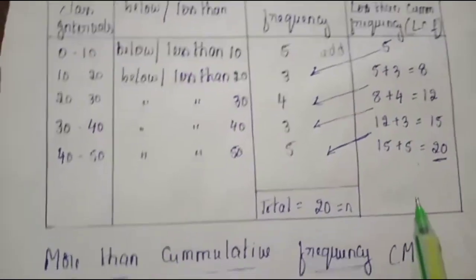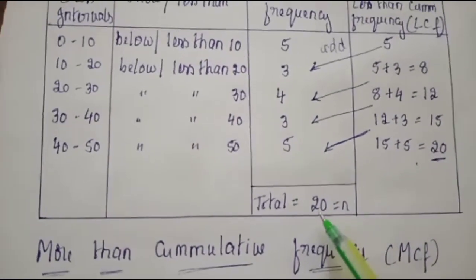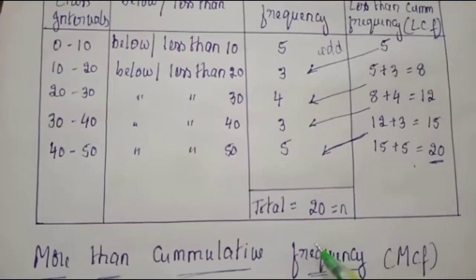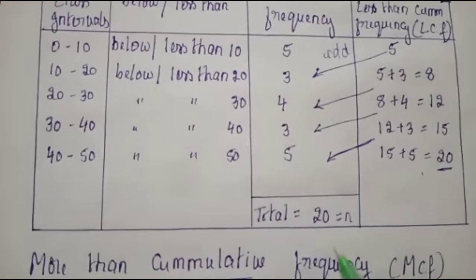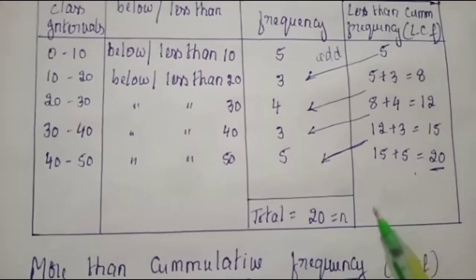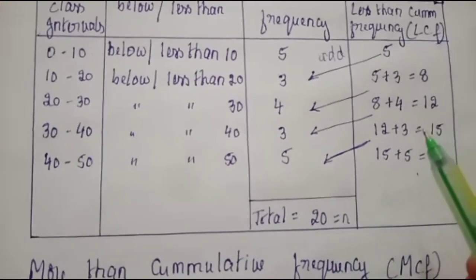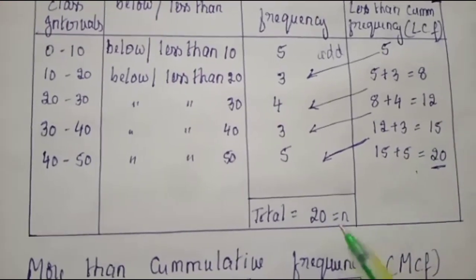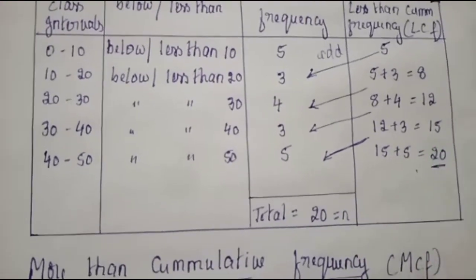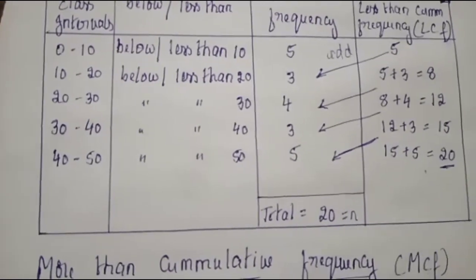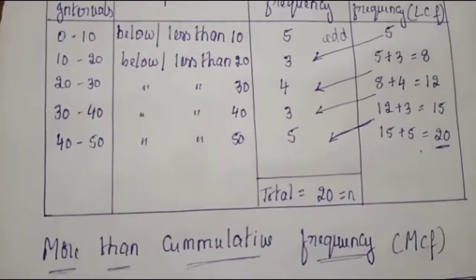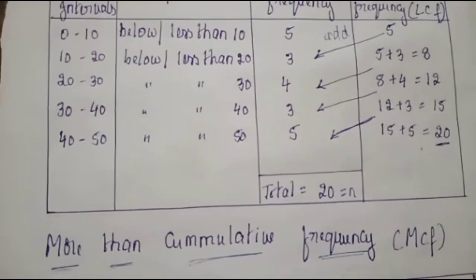Whenever I want to find the middlemost observation, you see here 20 is there. 20 by 2 is 10. So to find the median class, we have one rule: the middlemost observation will be nearest to n by 2 or greater than n by 2. That I'll explain later after we come across more than cumulative frequency.